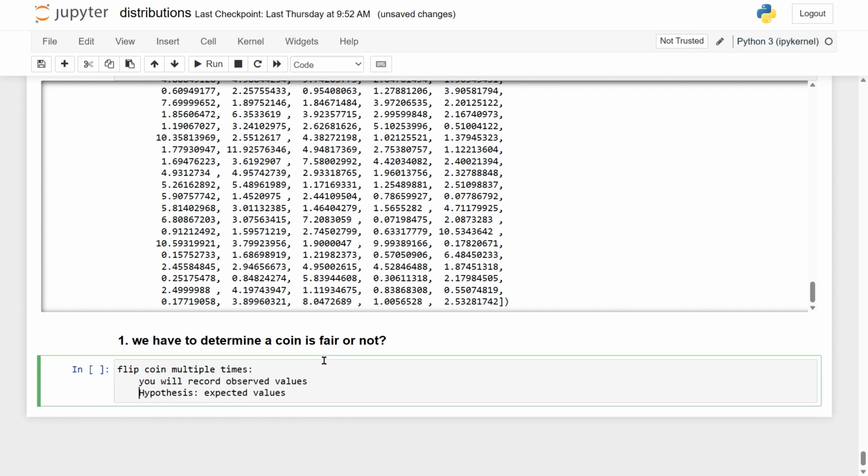When you have observed values and expected values, you can use the chi-square distribution, and that will help you determine whether the difference between the expected and observed outcome is due to just chance, because there are a lot of other factors which also affect. That's the reason to confidently tell that you need a chi-square.